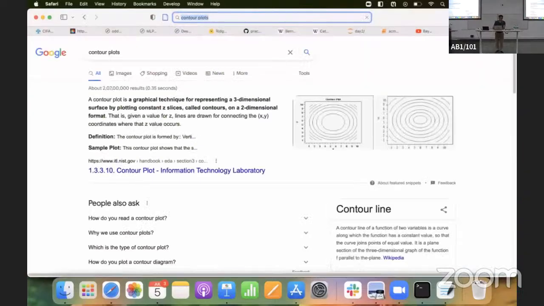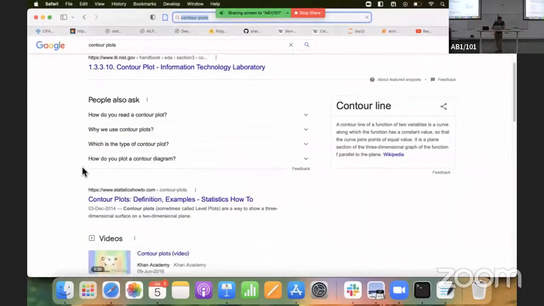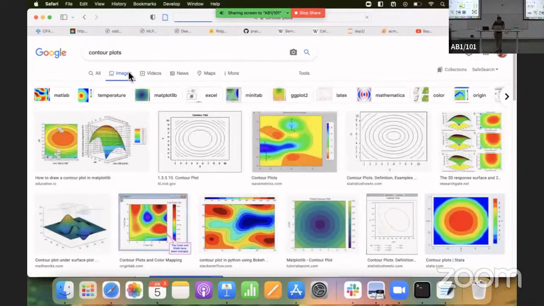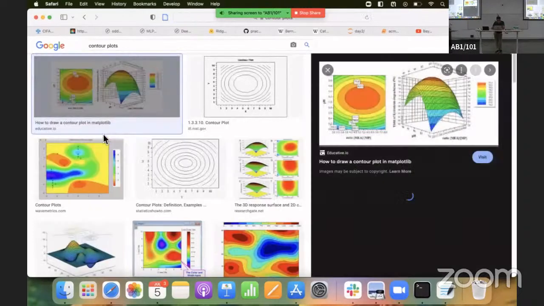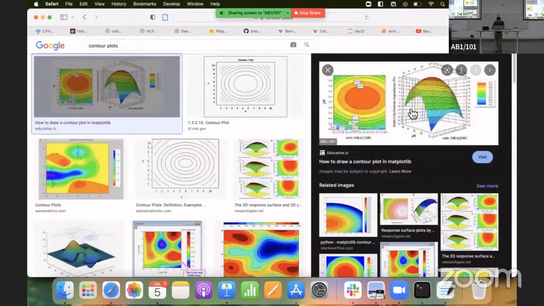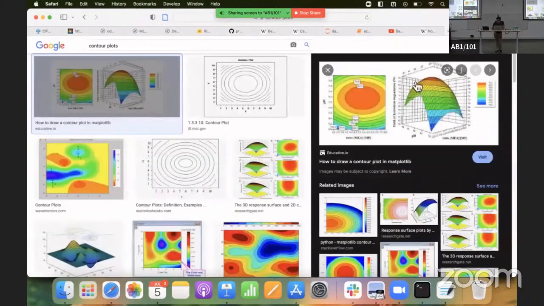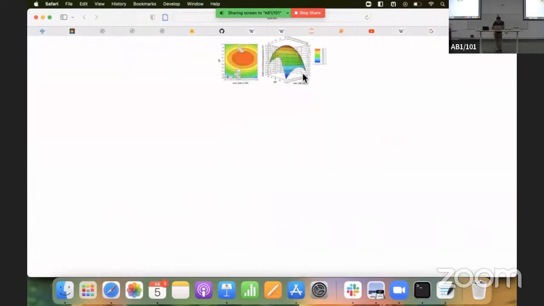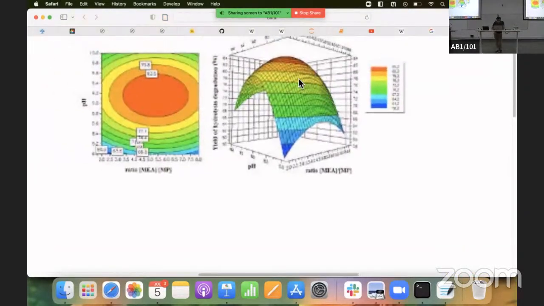Sorry. Okay, maybe this is a good enough example for us to see. Not a very high resolution image.